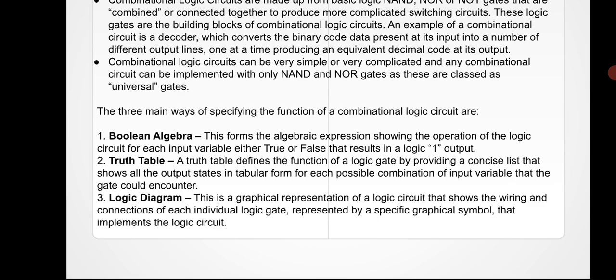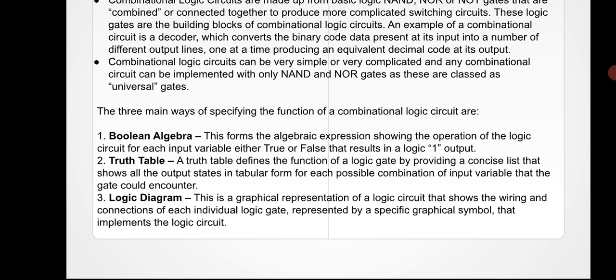Ultimately, with Boolean algebra you are going to get true or false, or 0 or 1, isn't it? Because if you want to represent true or false in the system with electronic data, you can go for 0 and 1. You have no other options to represent it. So that is one way of specifying the function of a combinational logic circuit.